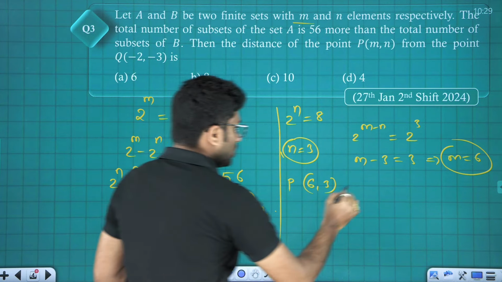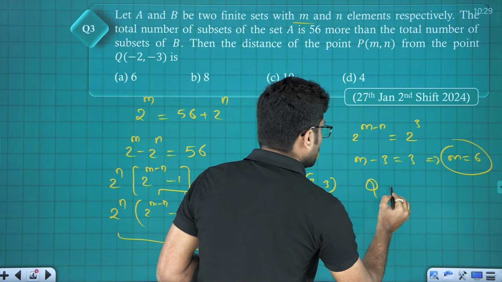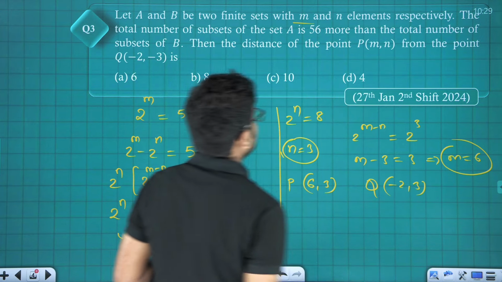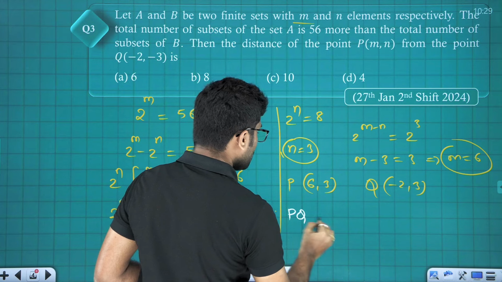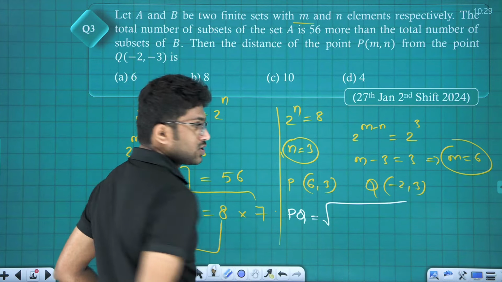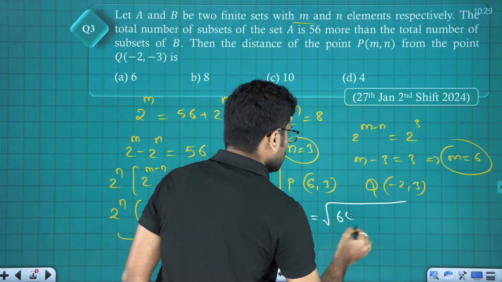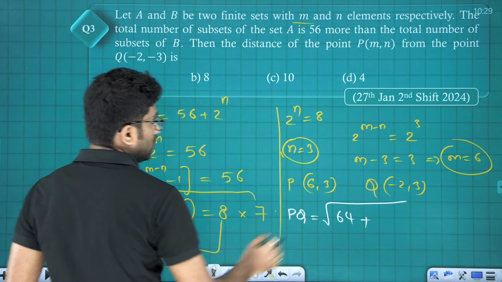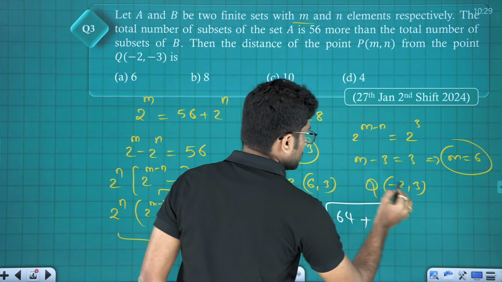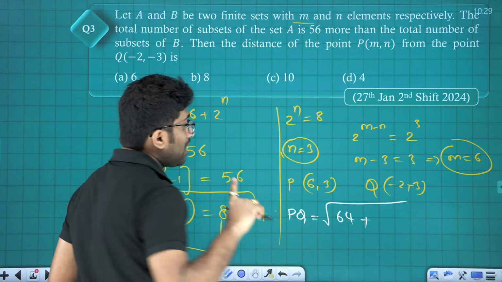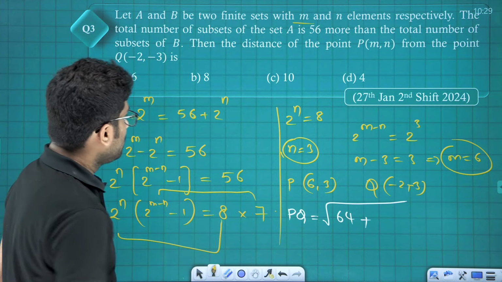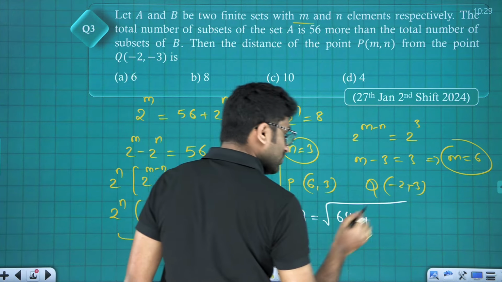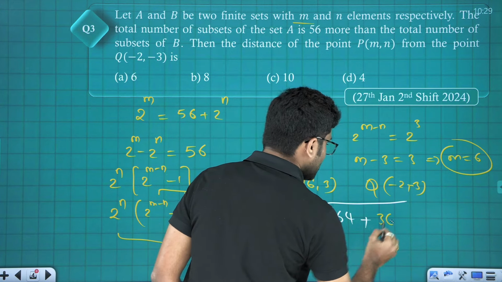Q is given. Q is minus 2 comma minus 3. They are asking the distance between the 2 points PQ. So what is PQ now? Square root of (6 plus 2) whole square, which is 8 square, 64, plus (3 minus of minus 3), which is again 6. 6 square is 36, friends.